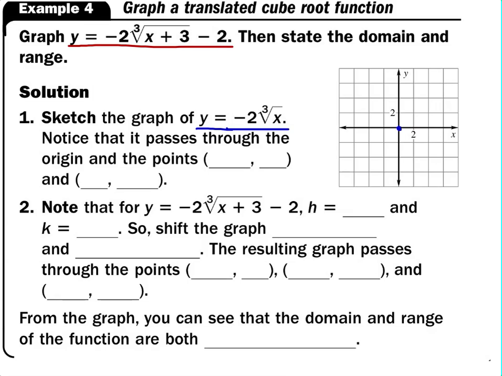And then it also passes through the points, let's see here, 1. If you stick in 1 for cube root, you get negative 2. So 1, negative 2. Notice the scaling is by 2 there. And the points negative 1, that's going to be comma 2. So negative 1, comma 2.